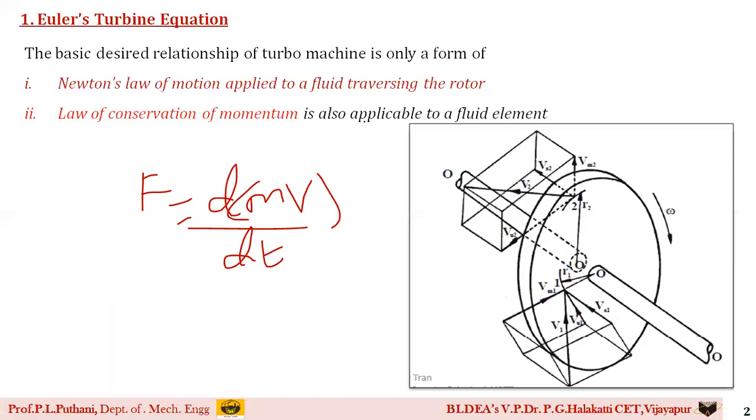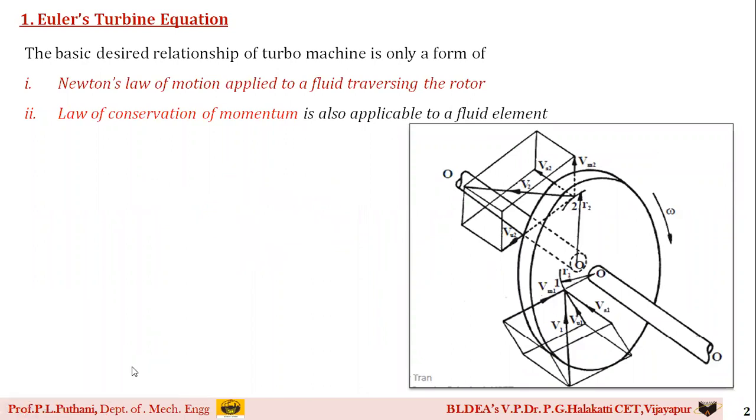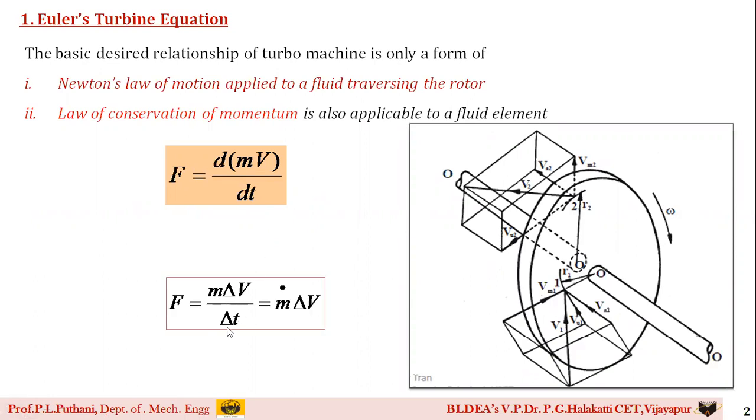Let us see how we get here. When we apply the law of conservation of momentum, we get it in this form: dF is equal to d(mv) with respect to time t, or you can write it in this form also, that is m delta v by delta t, which is nothing but the mass flow rate m dot times delta v.